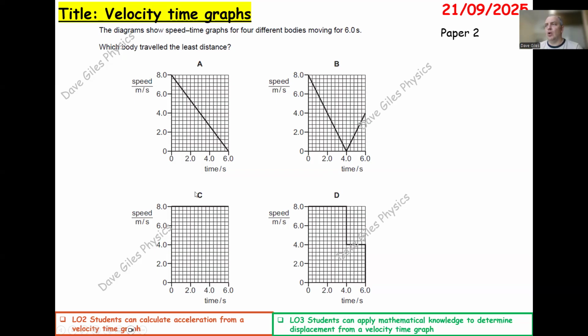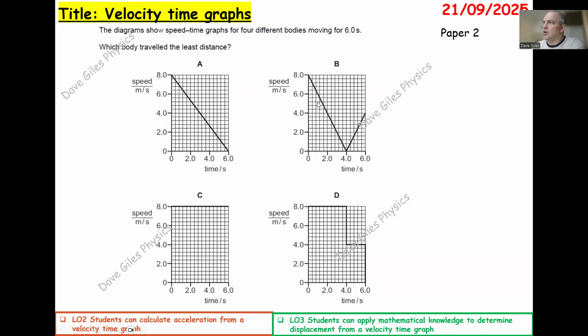Actually, no, I'll go through them all. C, it's going to be 6 times 8, which is 48 meters traveled. So it's not going to be that one. Here, split into 2 sections, so it'll be 4 times 8, which is 32, plus 2 times 4, which is 8, so 40 meters.